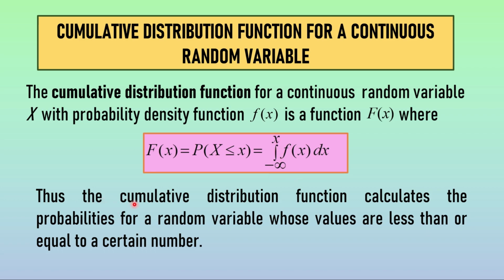Thus, the cumulative distribution function calculates the probabilities for a random variable whose values are less than or equal to a certain number.